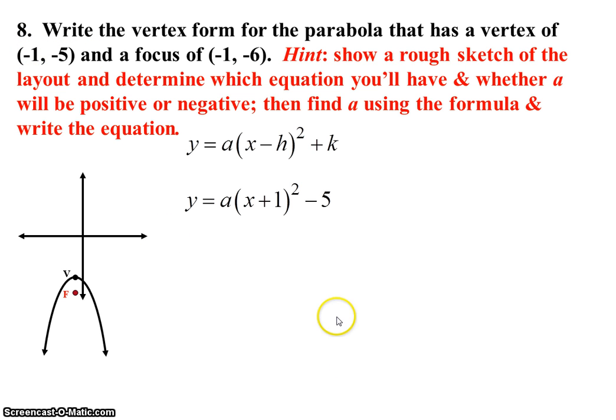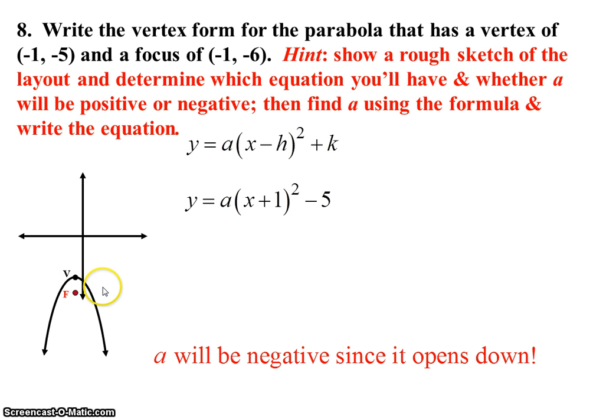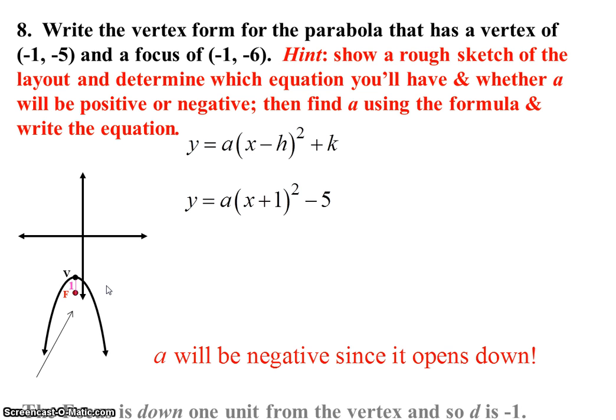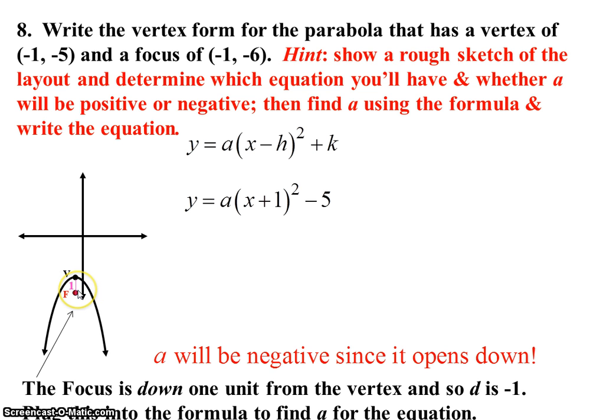Alright, so to find A, we needed to figure out what that distance D was. How far was it from the vertex to the focus? Because that was D. And we know A is going to be negative since it opens down. I'll talk more about that in a second. So that distance was 1 right there. So A is going to be 1 over 4 times D. Now it's not entirely crucial that you have -1 for the value of D in here, because we know it's a positive distance.